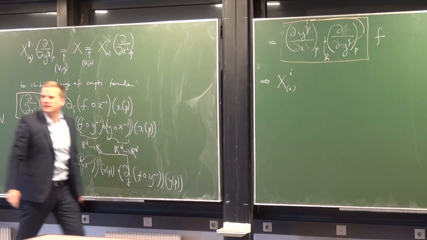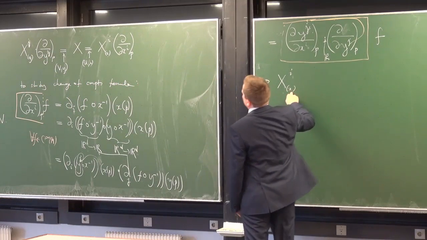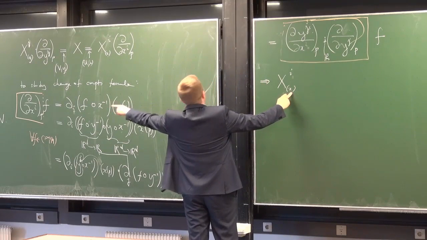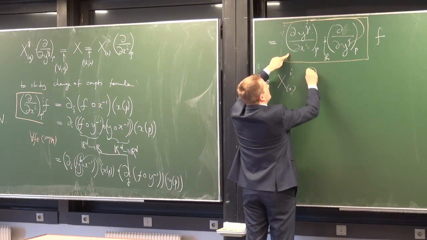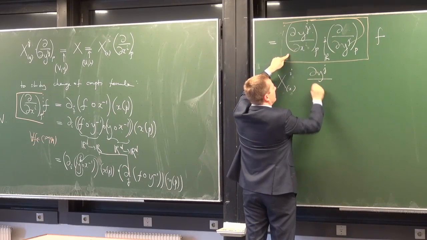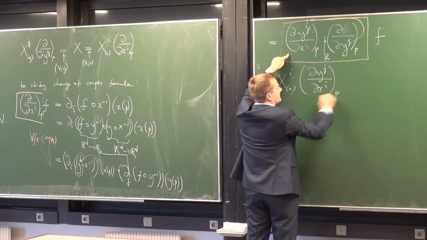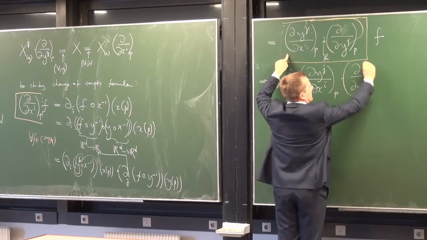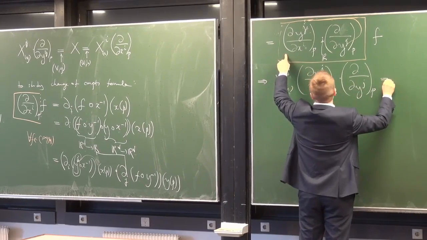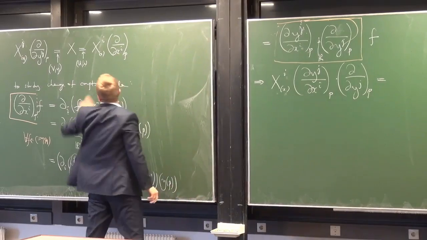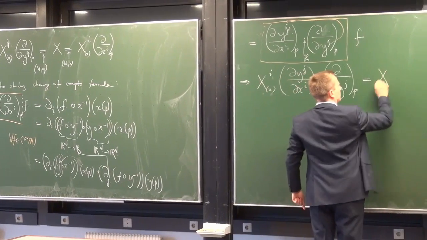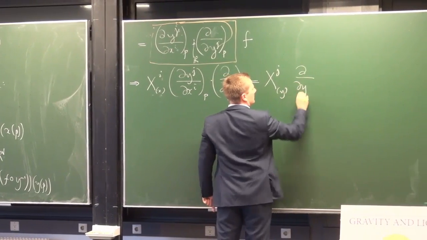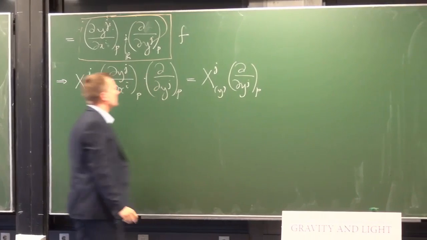I just renamed the summing index. x^i with respect to x of the d by dx^i, but the d by dx^i I reformulated like this: dy^j by dx^i at the point P times d by dy^j at the point P equals, and then I just copy the left-hand side, x^j with respect to the y system, d by dy^j at the point P.